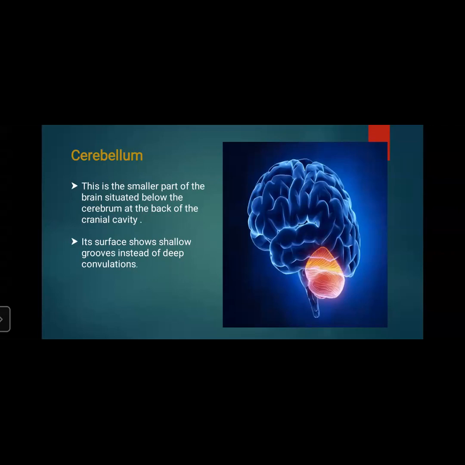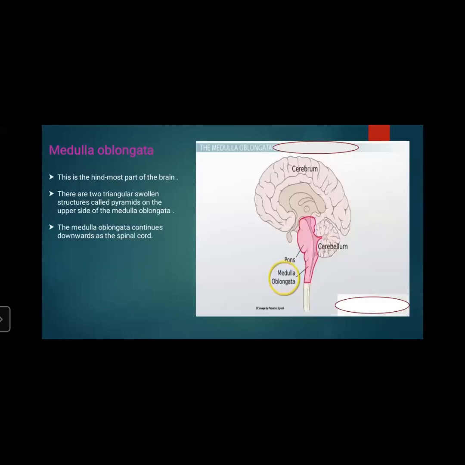So understood by this, the cerebrum is the largest part of the brain, and the cerebellum is the smaller part of the brain. In the cerebrum the surface was deeply convoluted, but here it is shallow.